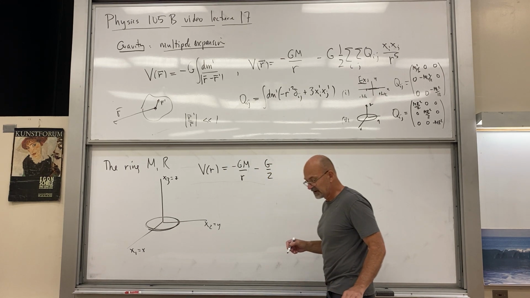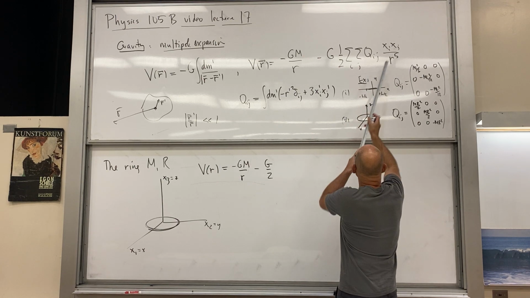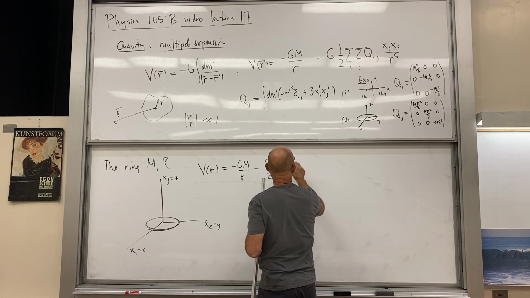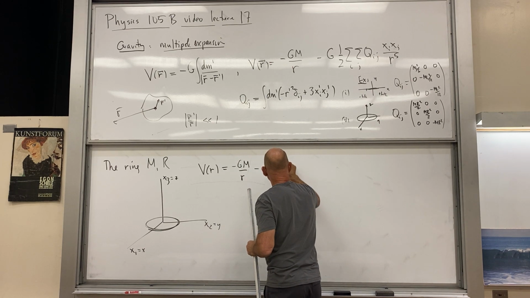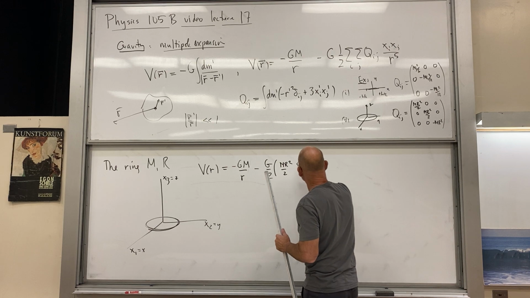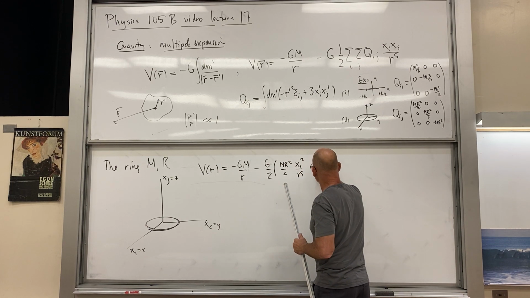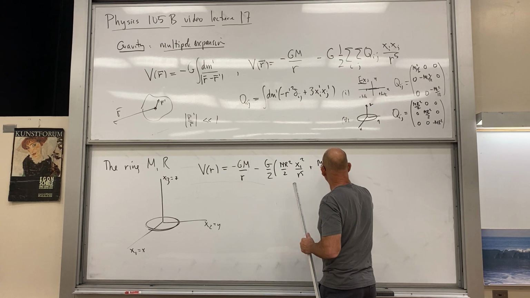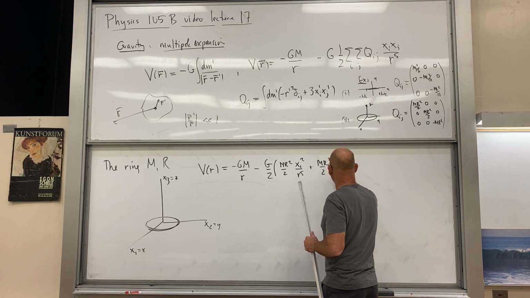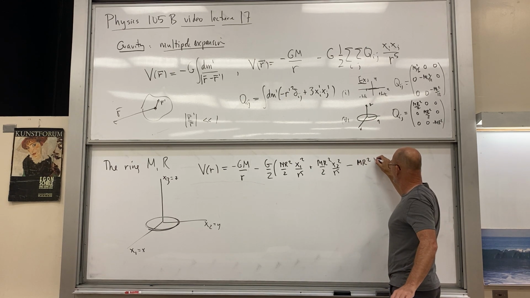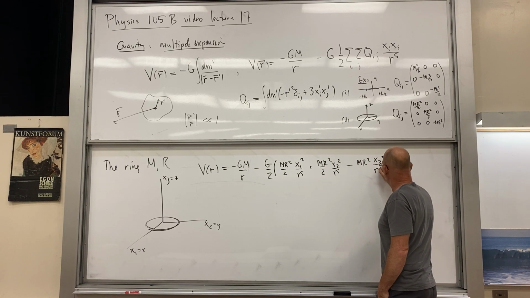It's just the diagonal, so it's Q11 etc. So it will be MR squared over 2 x1 squared over R to the 5th plus MR squared over 2 x2 squared over R to the 5th minus MR squared x3 squared over R to the 5th.